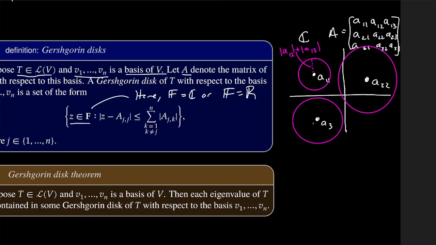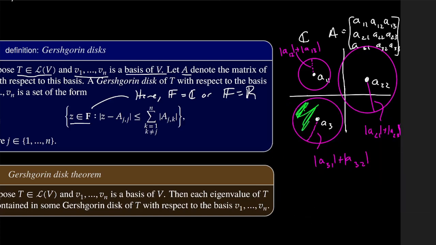The radius of the second is A31 plus A32. And the radius of the third is something like A21 plus A23. There we go. Okay.